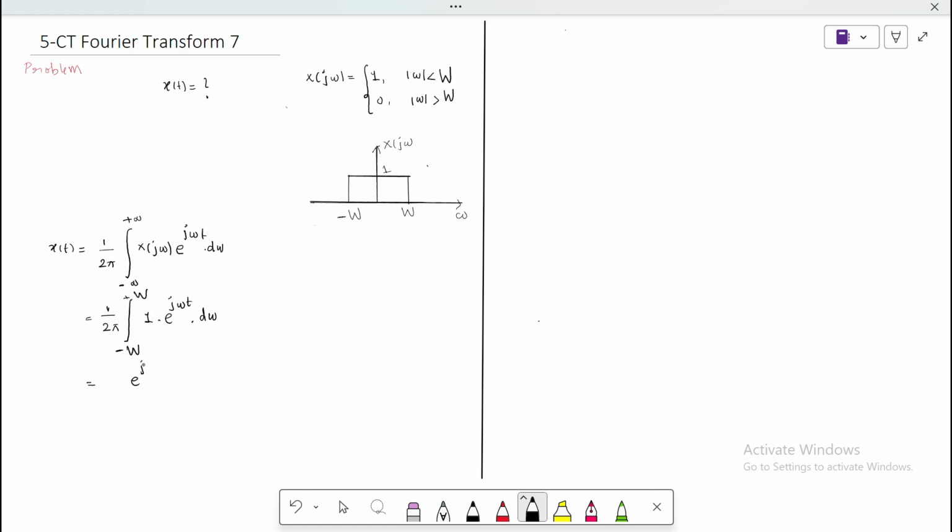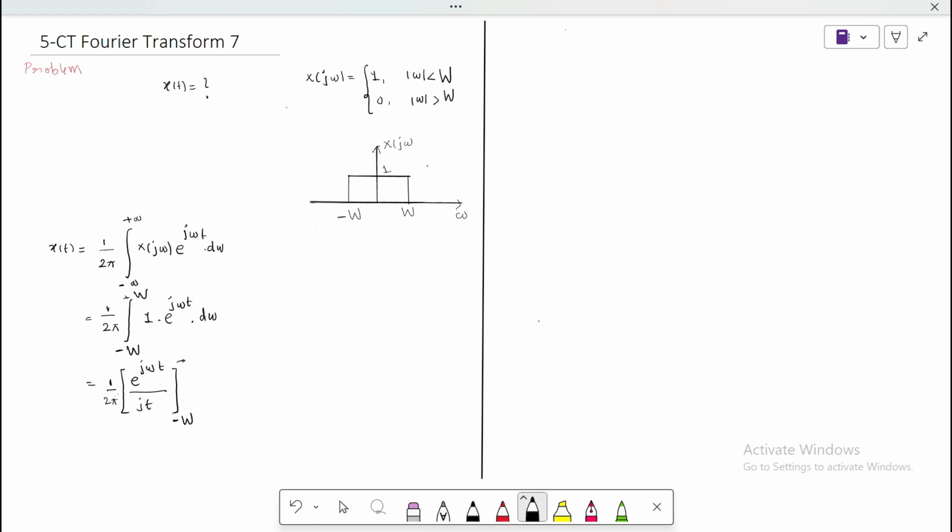So in the integration of e power j omega t, the constant is jt, not omega. We are integrating with respect to omega.